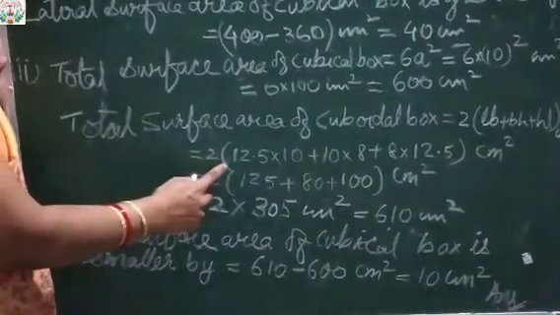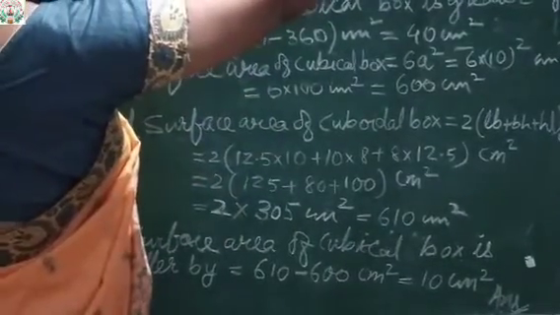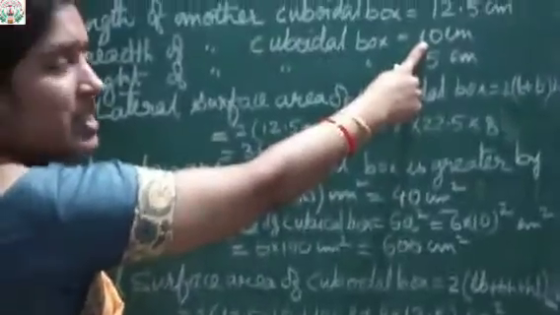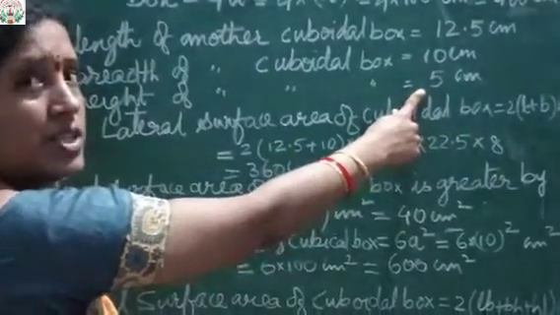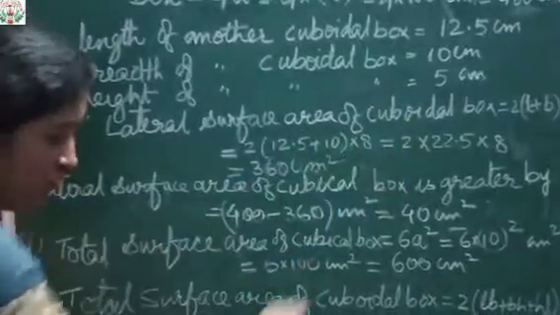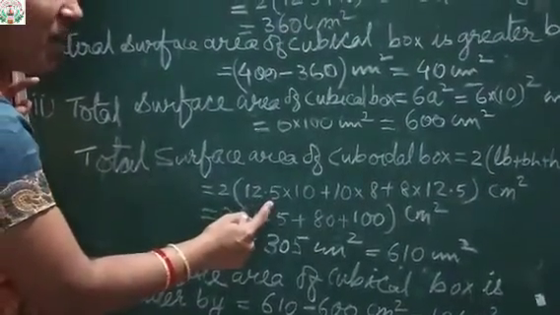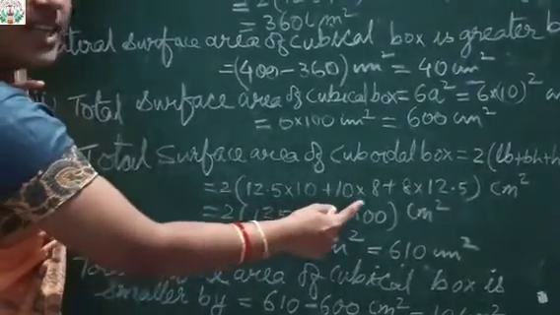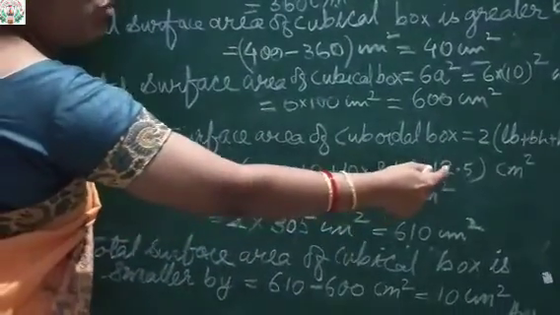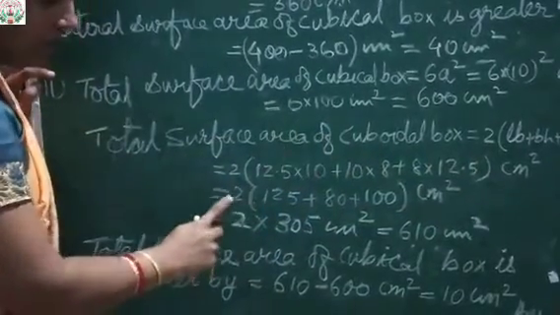So that is equals to, now put the values of L, that is 12.5, B is 10 cm and H is 5 cm. So three values are given, and we will put them here. That is 2 into (12.5 into 10 plus 10 into 8 plus 8 into 12.5), cm square because that is the unit.